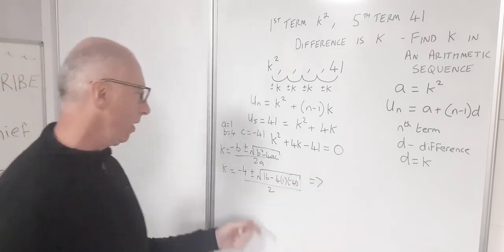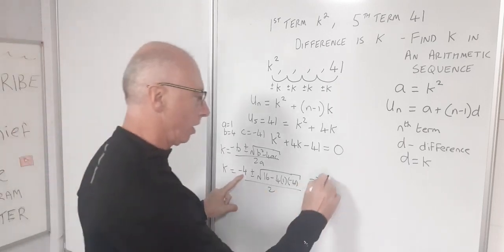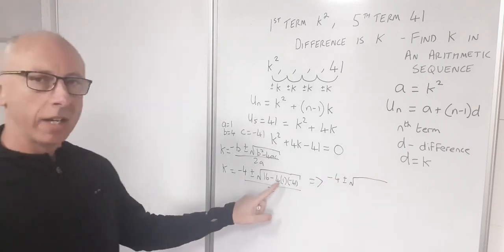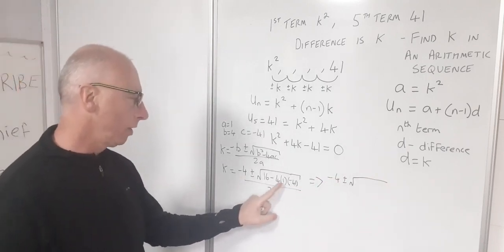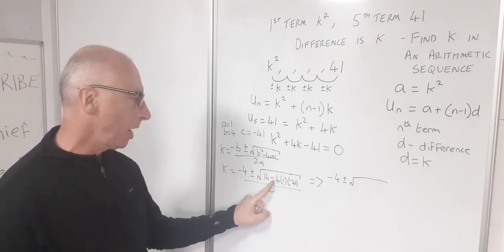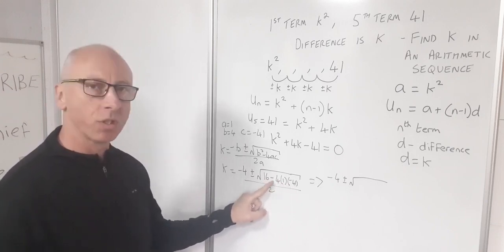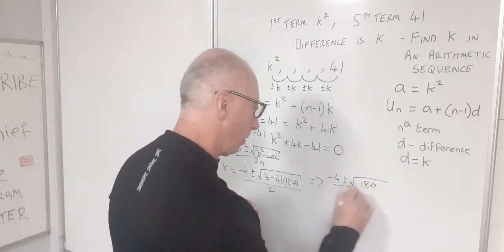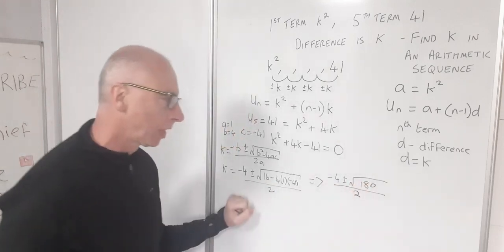Okay, let's bring this along here. So minus 4 plus or minus square root. Right, let's be careful here. 41 times 4, 164, and it's a minus. So 16 plus 164 gives us 180. And then we divide all that by 2.